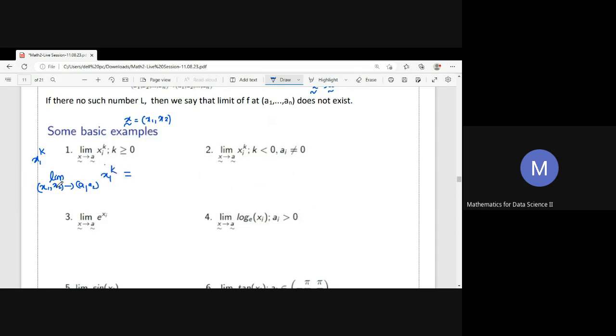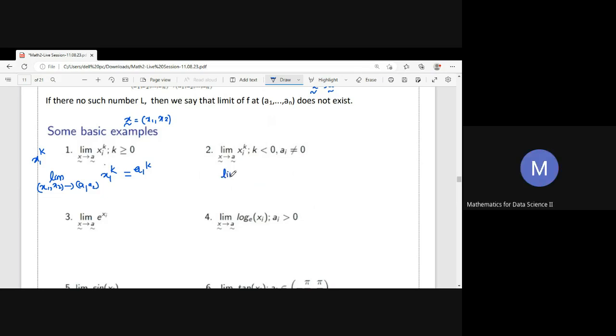What is the answer? Here, a1 power k. Right? Now, suppose your number k is non-negative, this is the answer. Suppose k is negative, again the answer is going to be the same, right? It's not going to change anything.